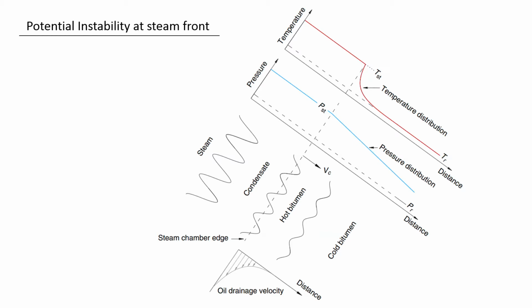And which one really matters? In the paper that we already published, we talk about all these aspects and phases, but really the part where all the heat transfer is happening is at this front between the condensate and hot bitumen. And this is the phase that we have to consider for our fingering.